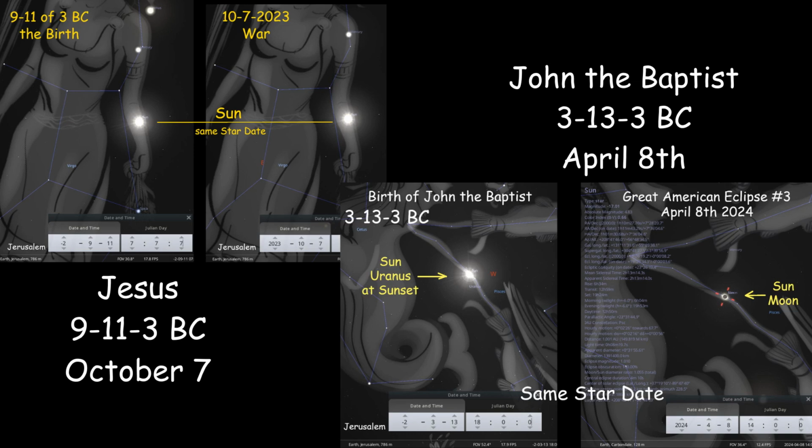On our current calendars, this date or marker on God's clock is April 8th, and the very date of our last eclipse. As you can see, it's that same star date when the sun is on that band of Pisces.